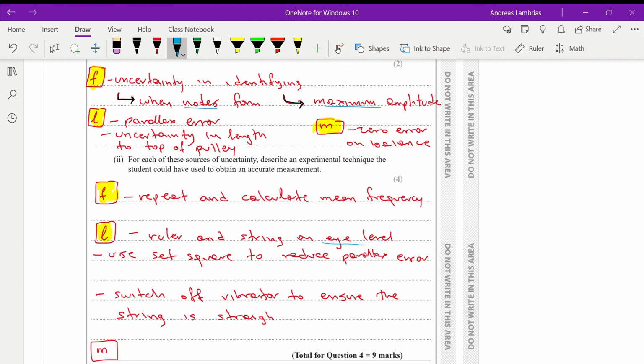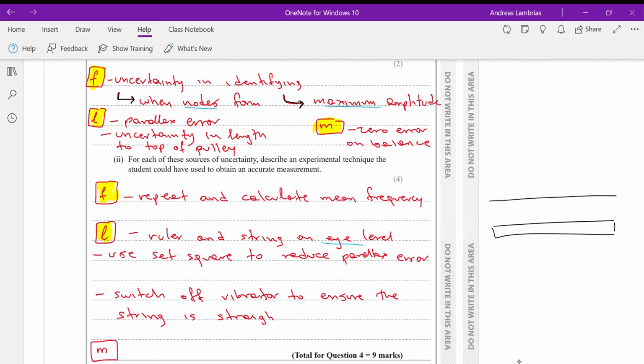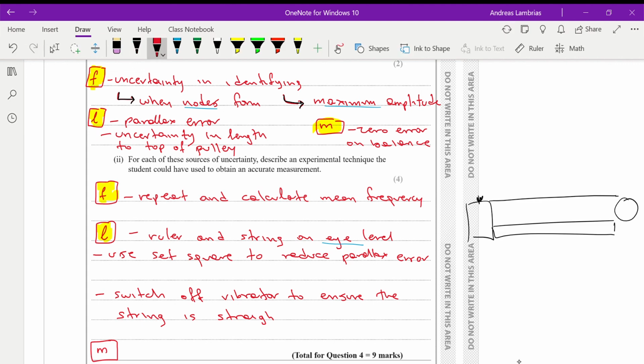Another way to do that is using a set square to make sure that we are measuring exactly where it is. If this is the ruler, and you have the string on top, because the string is going to be on the vibrator here, on the pulley there, we can use a set square if we want to measure that point over here.